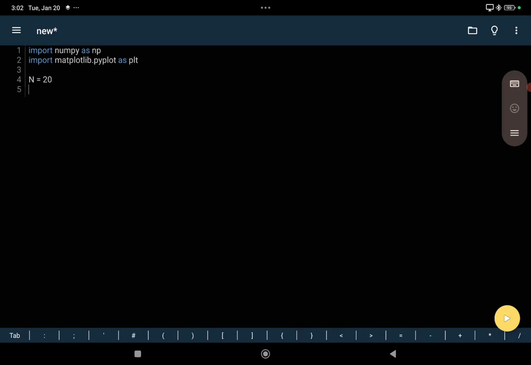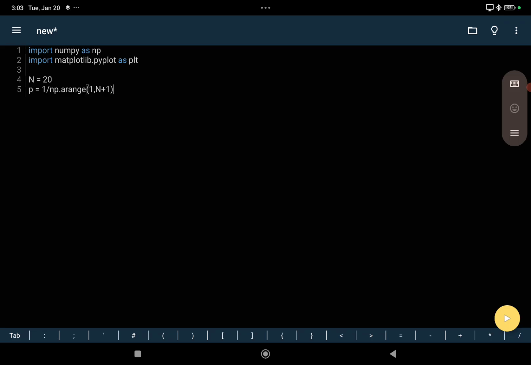Let's draw a probability mass function that looks like, say, 2 to the power of, or let's say for now even simpler, 1 divided by n plus 1.